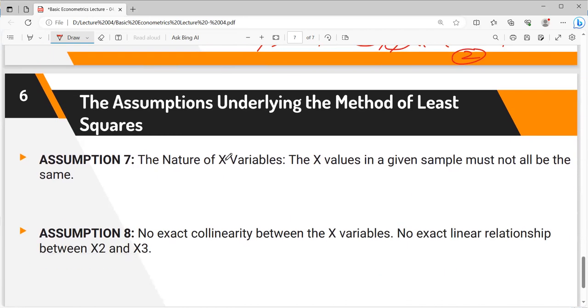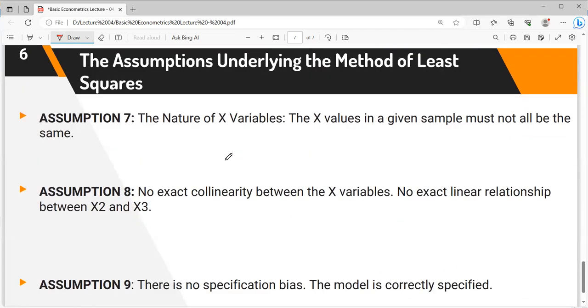So in the seventh assumption, we can say that the values of x must not be the same. It means x has variation, the x variable will change. Suppose the x values are 1, 2, 3, 4 and 5, and against these x we have y values 2, 6, 9, 10 and 20.